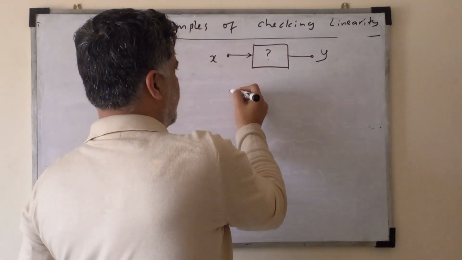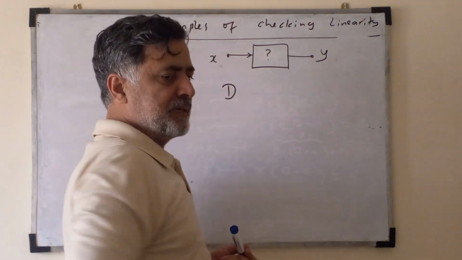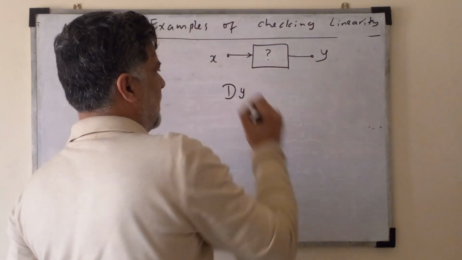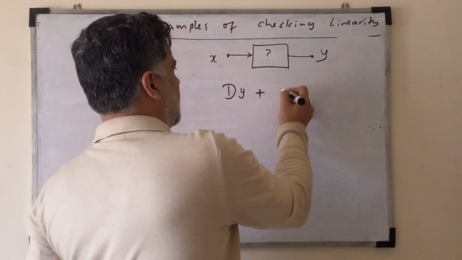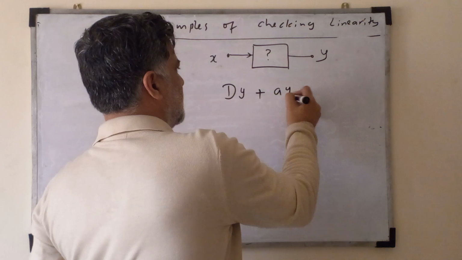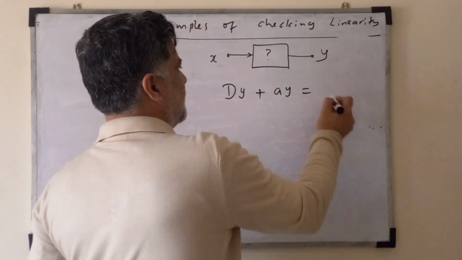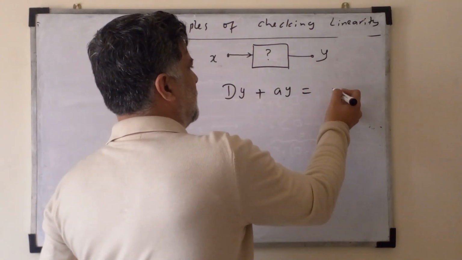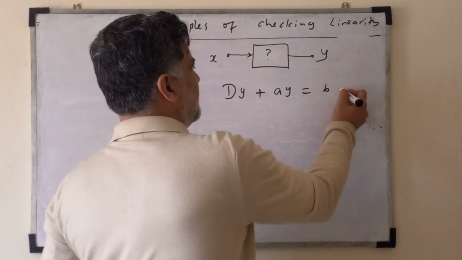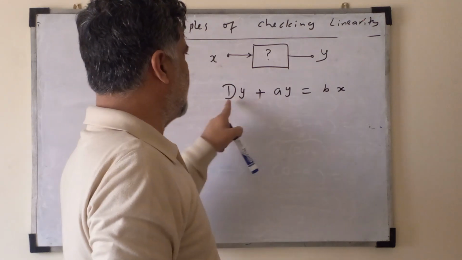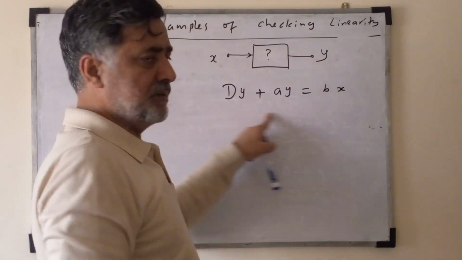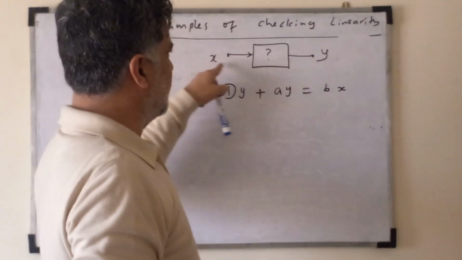Let's say I have the derivative operator D which applies to y, and then I have some constant a times y, and let's say this is equal to some constant b times the input. So x is the input, y is the output.